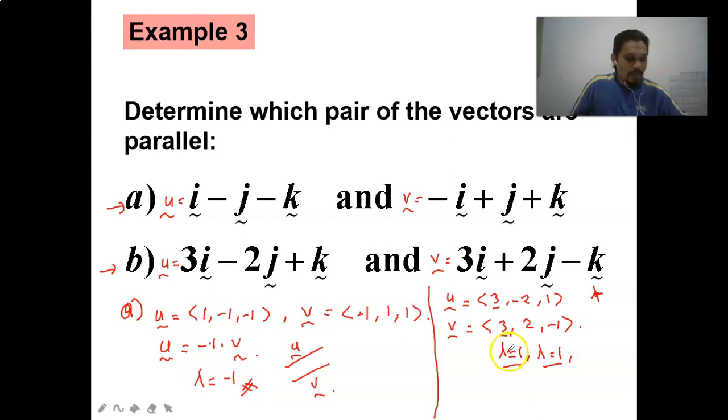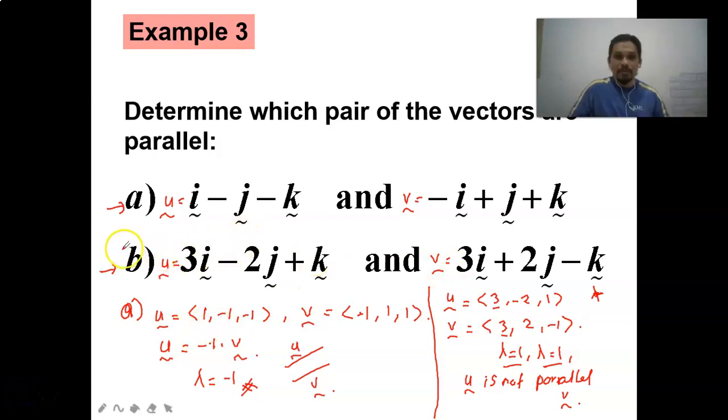It is not unique, so we come up with a conclusion that the vector U is not parallel to the vector V.